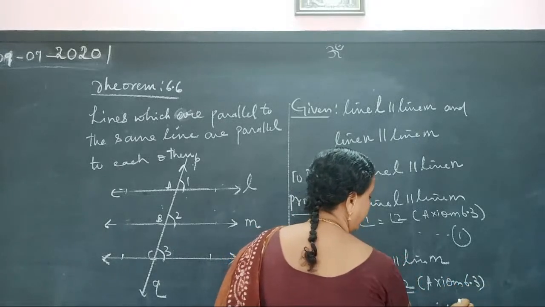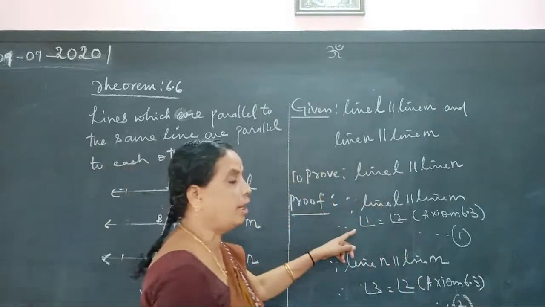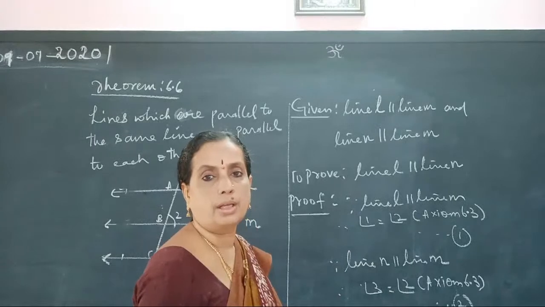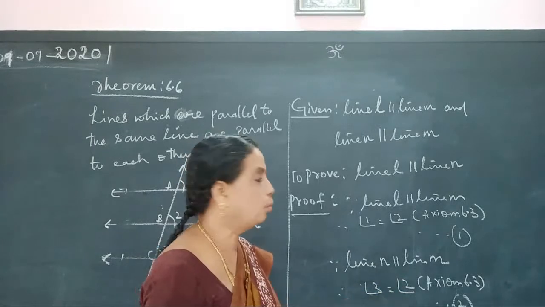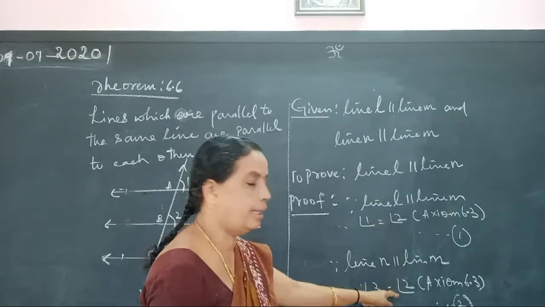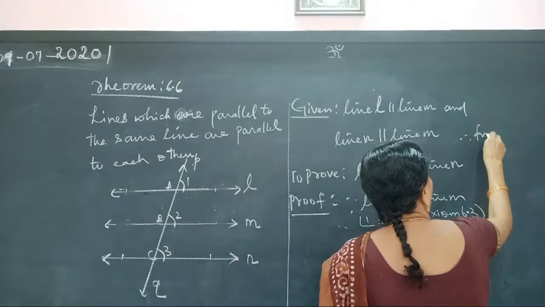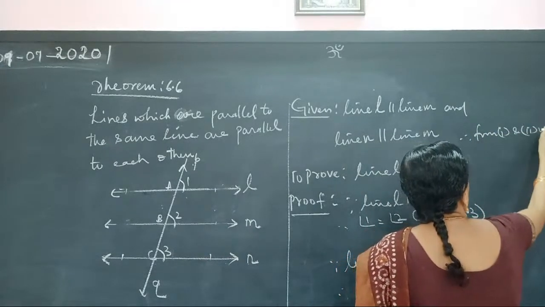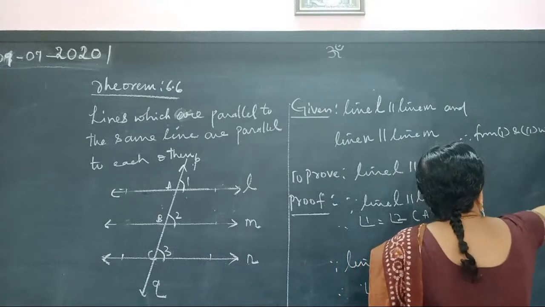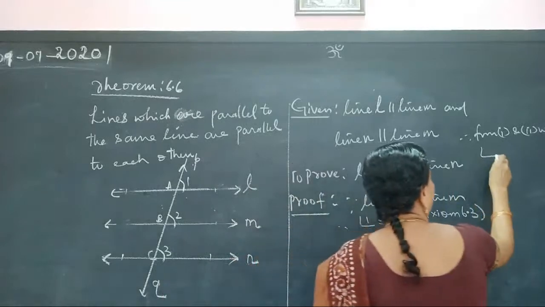6.3, result 2. In result 1, we have taken angle 1 equals angle 2. In result 2, we have taken angle 3 equals angle 2. Which is the common angle here? Angle 2. Therefore, from result 1 and 2, we get angle 1 equals angle 3.